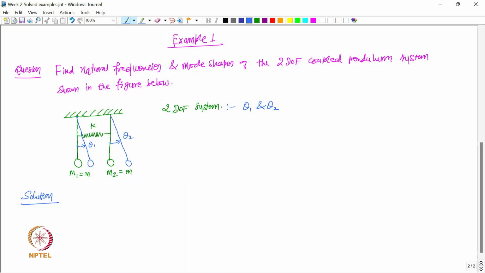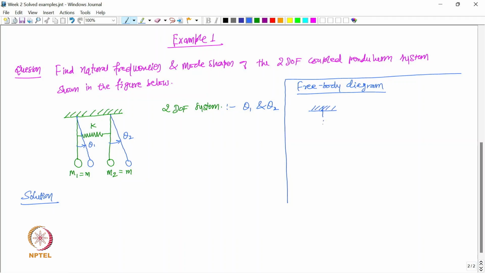Let me sketch that free body diagram on this side. So this is pendulum 1.